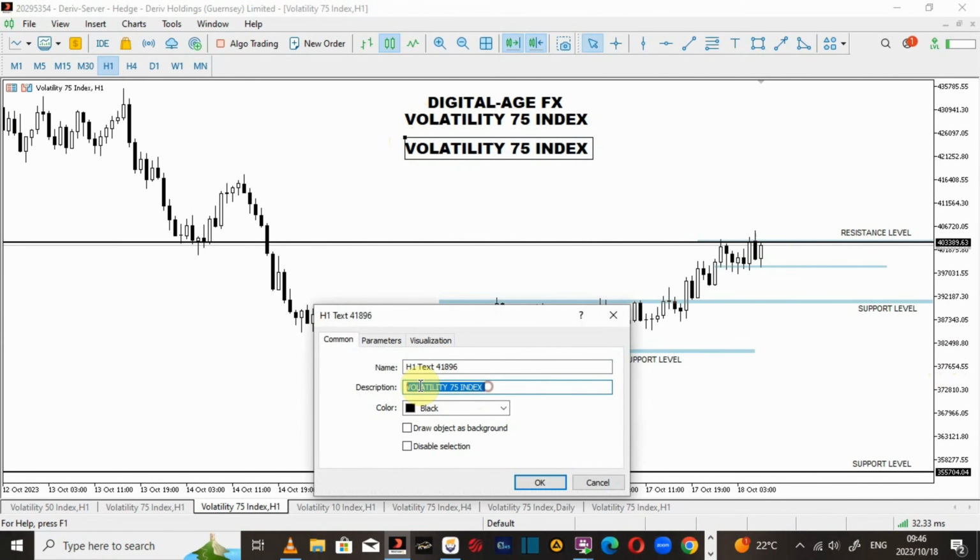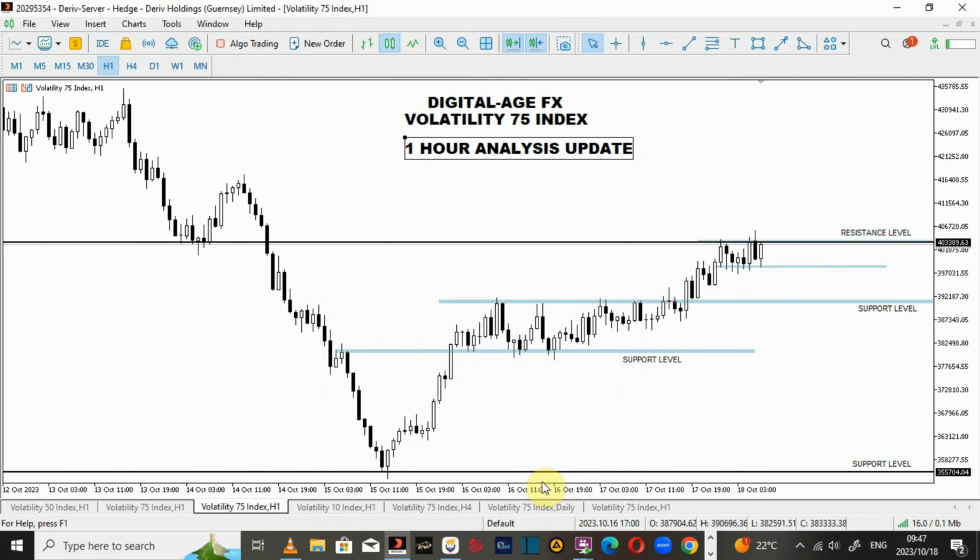This is what happens when you're trading VIX75 while using these levels of supply and demand. You become more profitable once you start using these levels to trade.